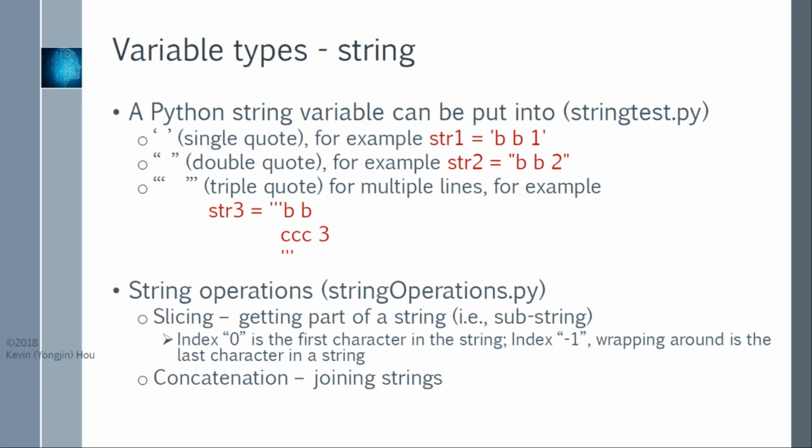When doing indexing or slicing, the first index 0 is the first character in the string, and 1 is the second character in the string. When you have a negative index like -1, it wraps around. -1 is the last character in the string, and -2 is the second last character in the string.